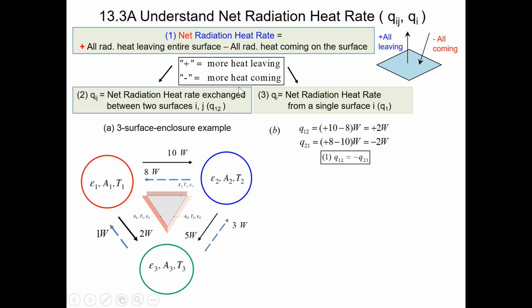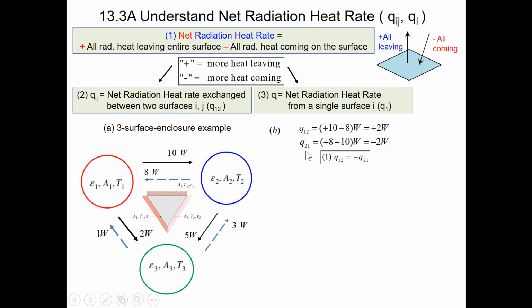B. Based on the definition of net radiation heat rate, Q12 represents all radiation heat leaving surface 1 into 2 minus all radiation heat coming on surface 1 from surface 2.